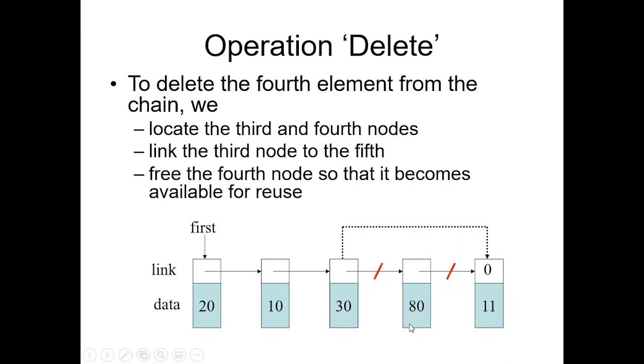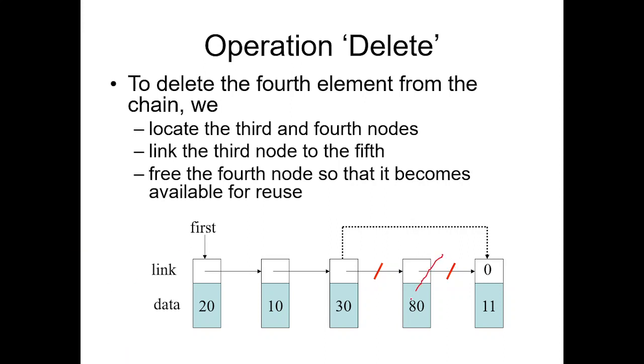How do you get rid of this element? If you want to delete the fourth element, when this node with 80 is removed, what would be the new situation?